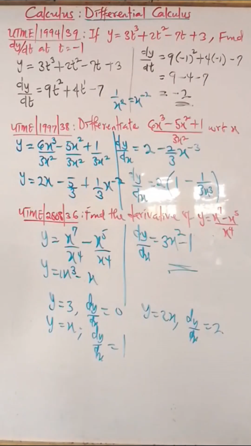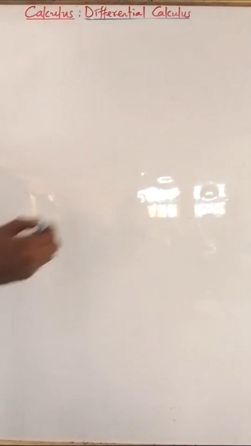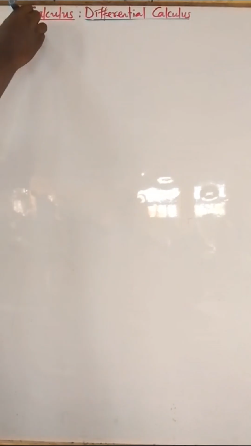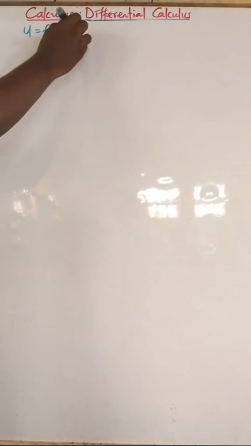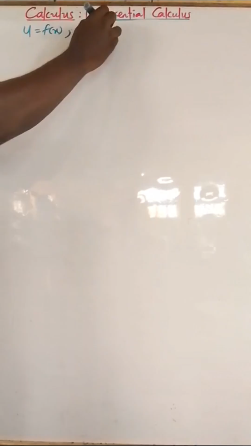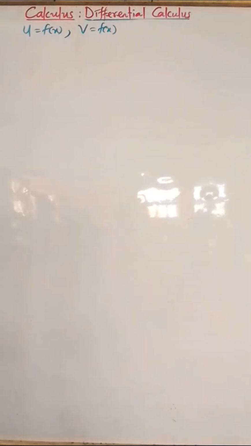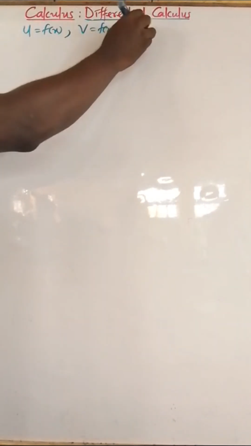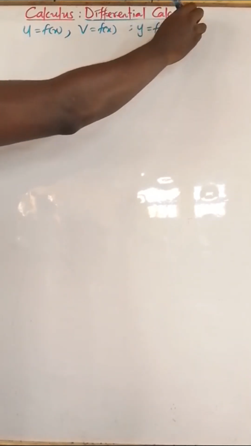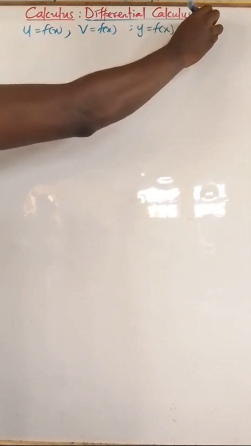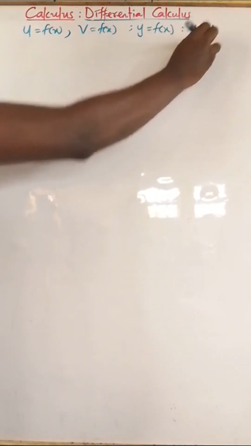Now let's move on to other polynomial functions. Suppose we have u, which is a function of x, and v, also a function of x. Then we have y, which is also a function of x, such that y equals u divided by v.